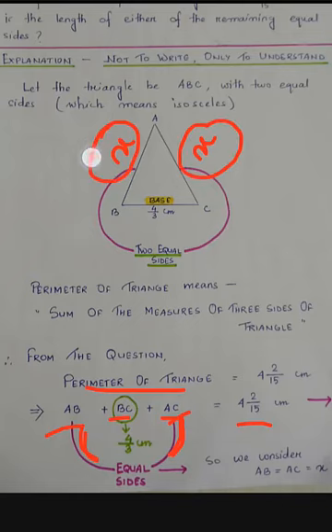Whatever value I consider for AB, the same value will work for AC also. Therefore we consider AB equals AC equals x. That means in the next step, we are going to replace AB and AC by x and x, while in place of BC, we can put this value 4 by 3.